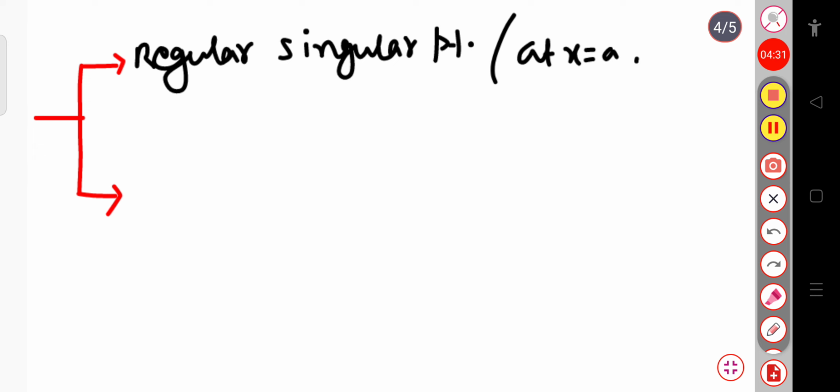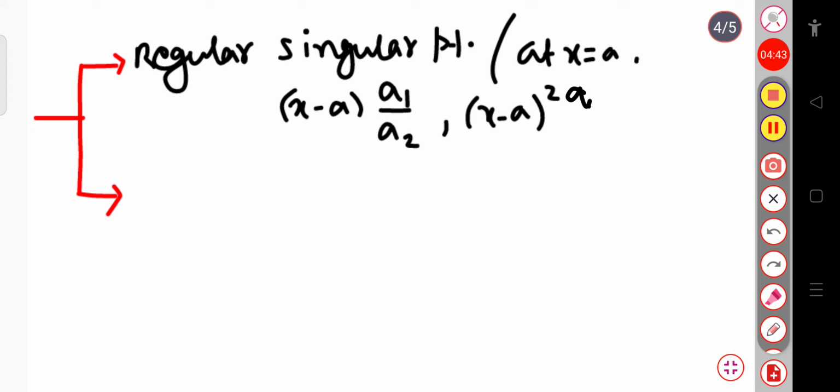If I calculate (x minus a) into a1 by a2, and (x minus a) whole square into a0 by a2, and both are finite, then we can say that the point is a regular singular point.